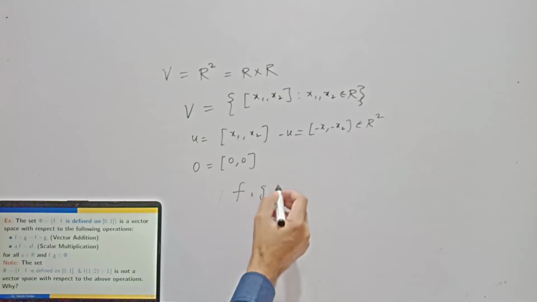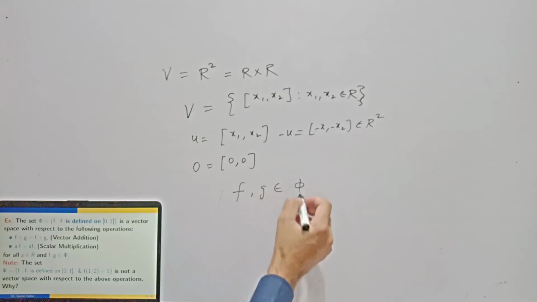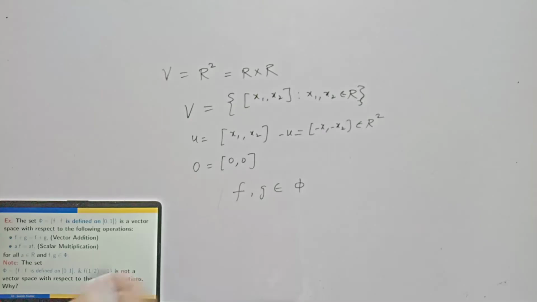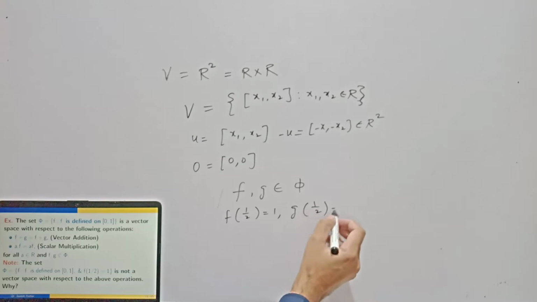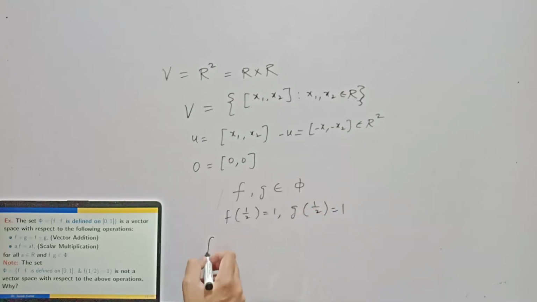Let us choose f and g, two members from this set phi. So if these are members of phi, this given collection, then f of half should be 1 and g of half should also be 1. Let us try to verify the closure property. If f plus g again goes to phi, then what should happen? Value of this at half should be 1.